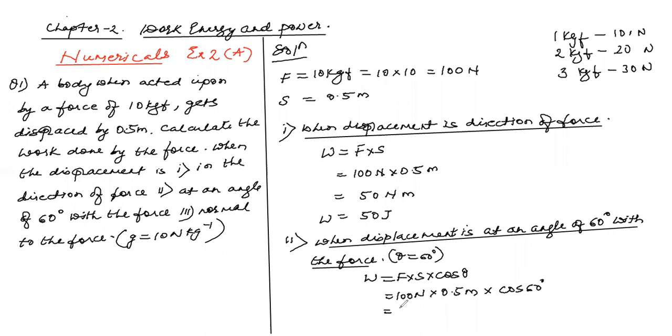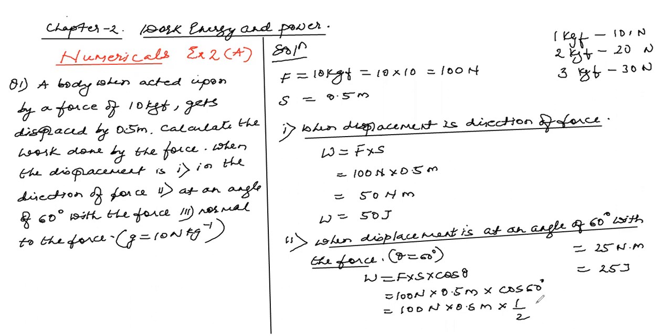We know it by heart. 100 Newton into 0.5 meter into half. 100 into 0.5 is 50, and 50 into half is 25. So 25 Newton meter is left, which is nothing but 25 joules.